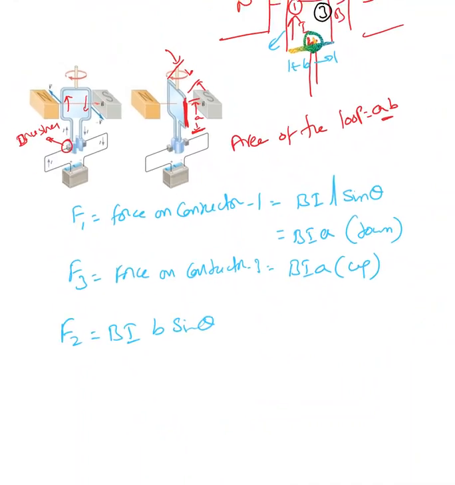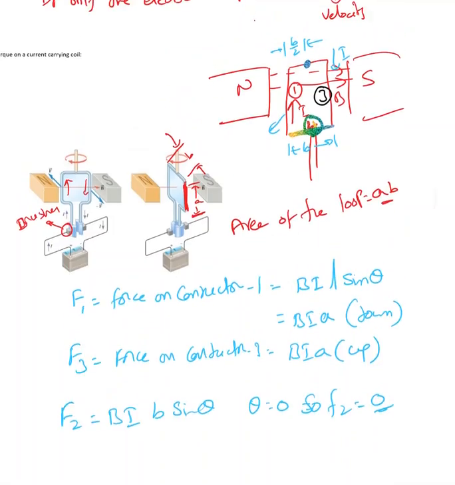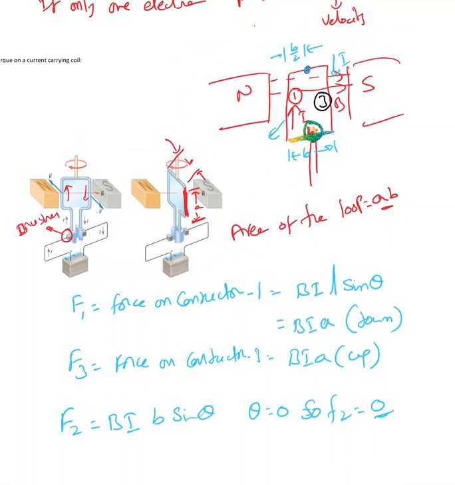In this case, theta equals 0, so F2 equals 0. Magnetic field is in this direction B and current is also going in the same direction I, so the force acting on this conductor is equal to 0.